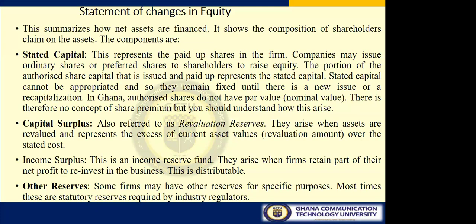Companies may issue ordinary shares or preferred shares to shareholders to raise equity. The portion of the authorized share capital that is issued and paid up represents the stated capital. The stated capital cannot be appropriated, and so it remains fixed until there is a new issue or a recapitalization.